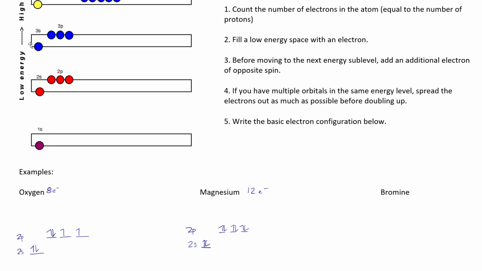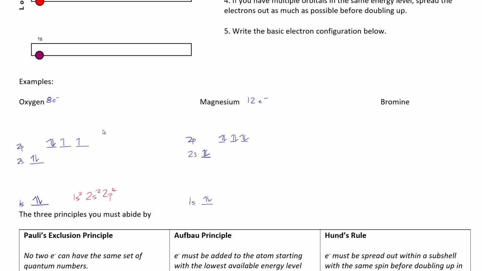Well, we go to 3s. So we do 3s right here, and we put in the last 2. And so now we have 12 electrons. So I will now write 1s2, 2s2, 2p6, 3s2, and that is my electron configuration for magnesium.